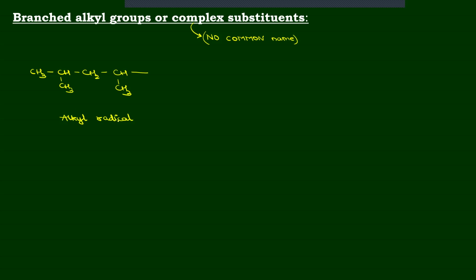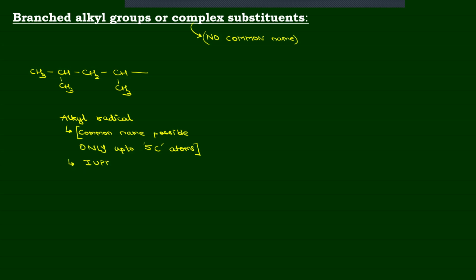Now generally, the alkyl radicals have the common name possible only up to 5 carbon atoms. So if you go beyond 5 carbon atoms, then the common name is not possible. In that case, we have to assign IUPAC name for the alkyls.